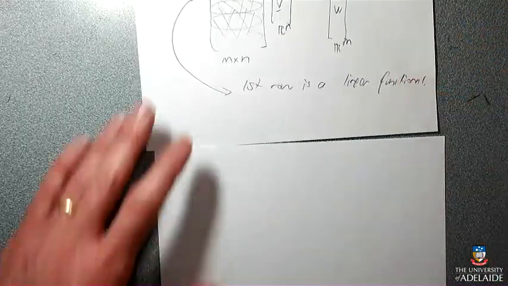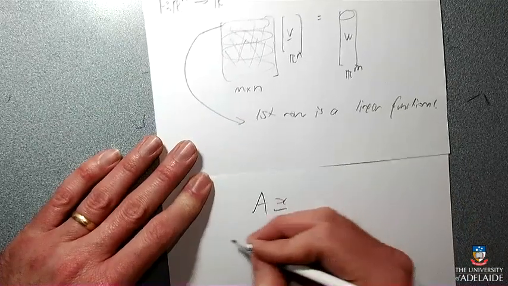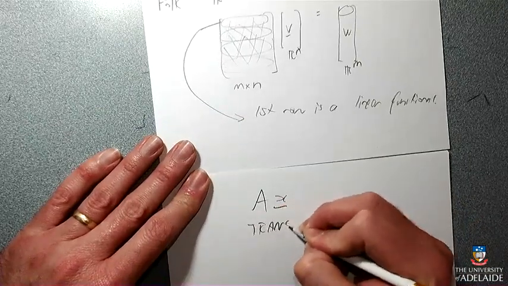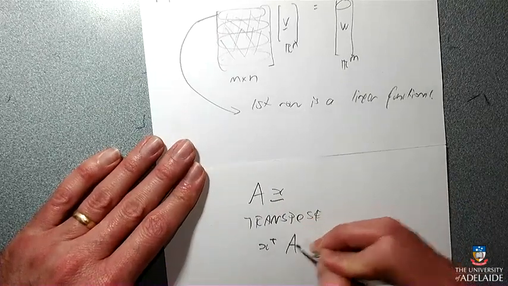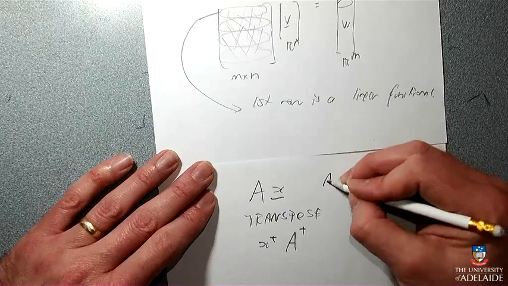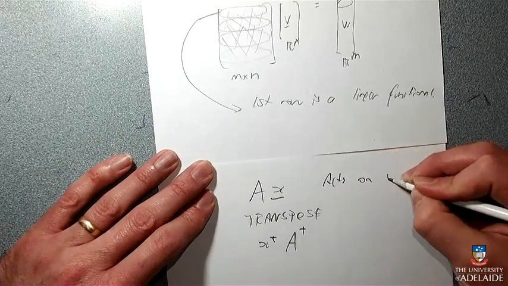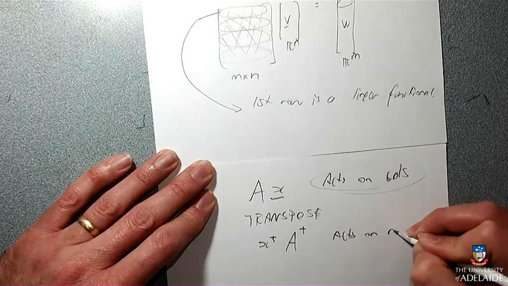Right. Okay. So just let me think about this. If we had AX and then we transpose, that would be X transpose A transpose, like that. And this one acts on columns and this one acts on rows.